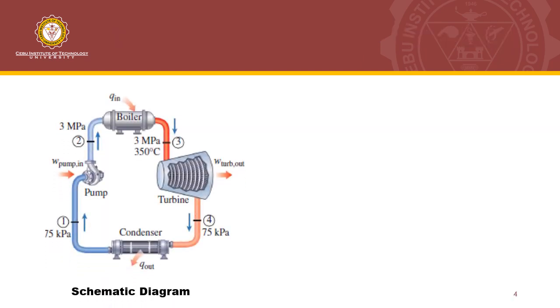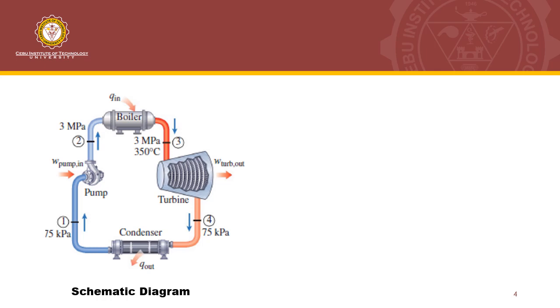This is the schematic diagram of this given problem. As you can see, we have the simple ideal Rankine cycle. Which components are shown? We have the condenser, the pump, the boiler, and the turbine.